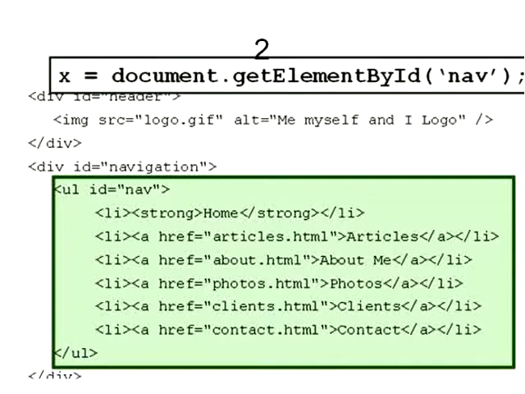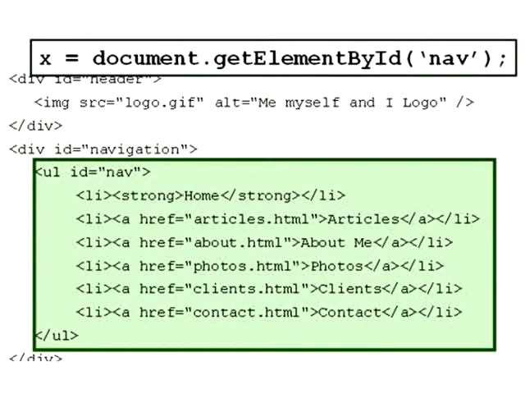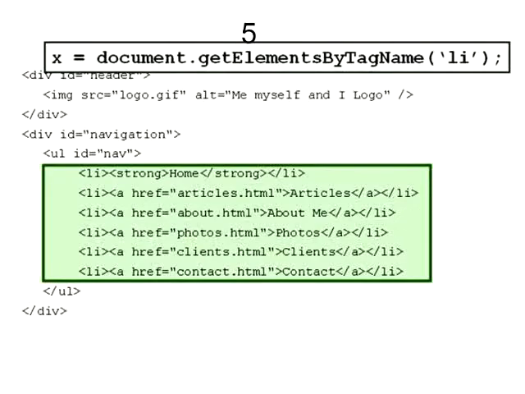That means we will select the tag with ID nav. In our case it is the tag UL. We can also use getElementsByTagName, in our case LI.